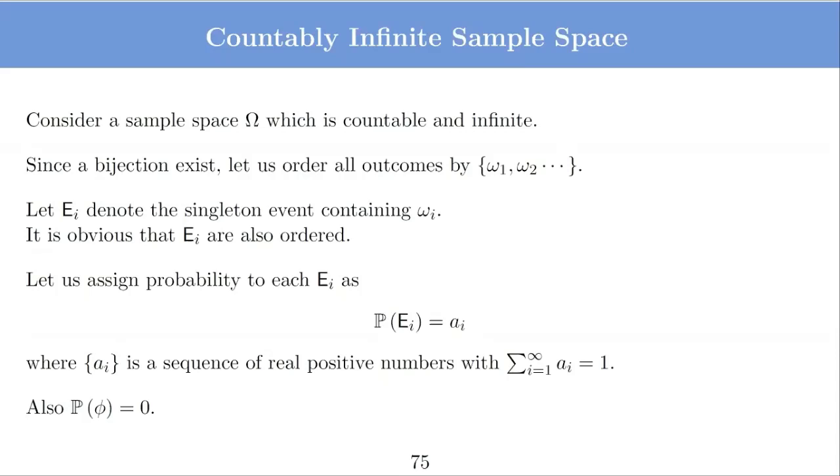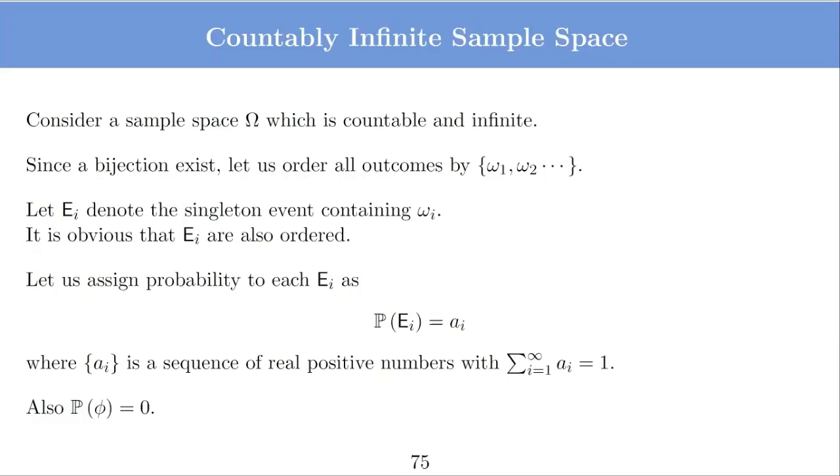If this is not countable, then if I ask you to assign probability to each event, it cannot be done by picking numbers in order one by one, because no order exists. But because of the countability assumption, this is a nice list of events, Ei, i equal to 1, i equal to 2, i equal to 3, and you keep on assigning numbers to them.